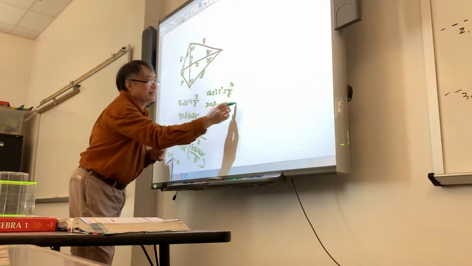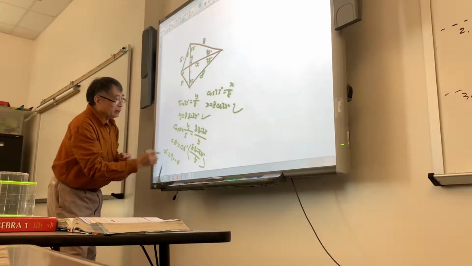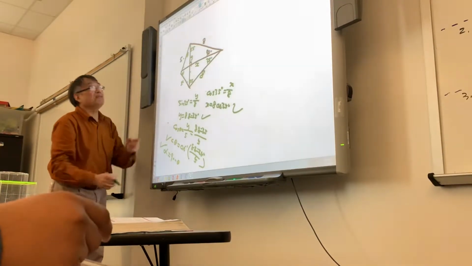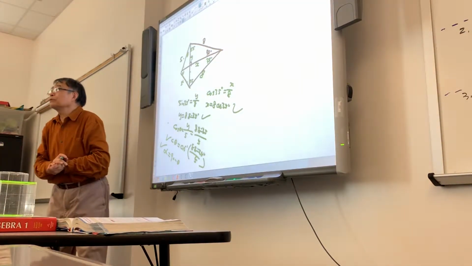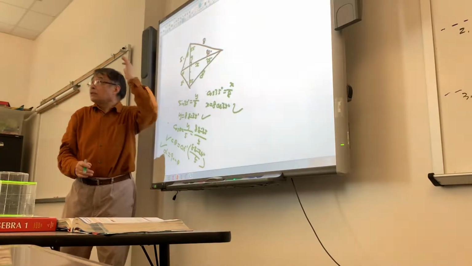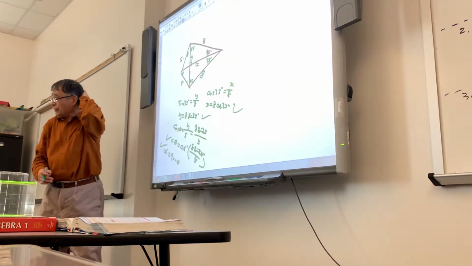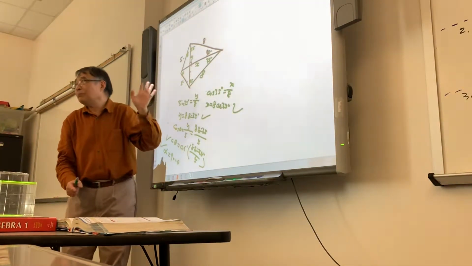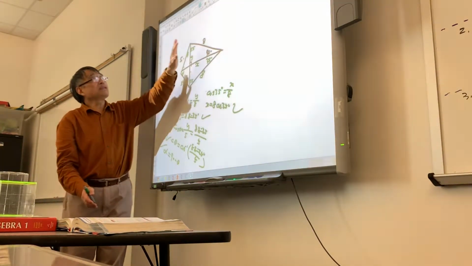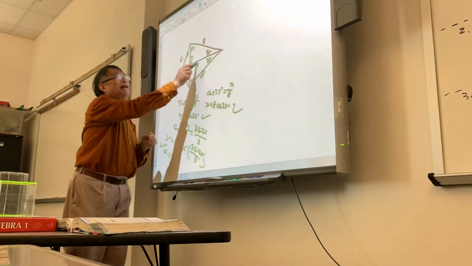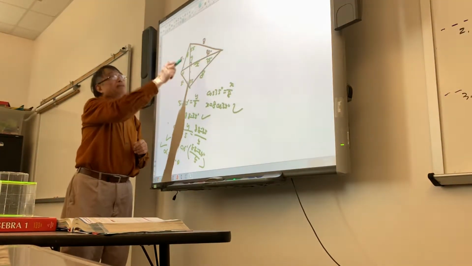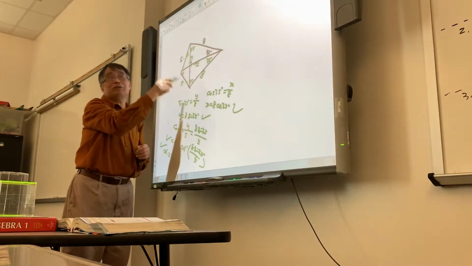Now you find x, you find y, you find theta, you find alpha. So you solved the kite. Do you understand, please? Yes or no? Yes. So this part, the test must have it. It might give you this side, you find some others. Give you this side, this side, this angle, find the other side.